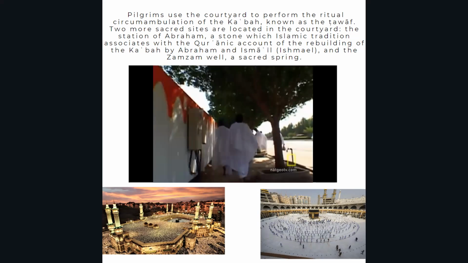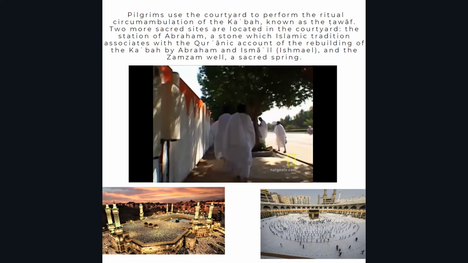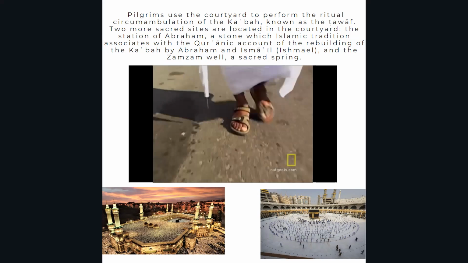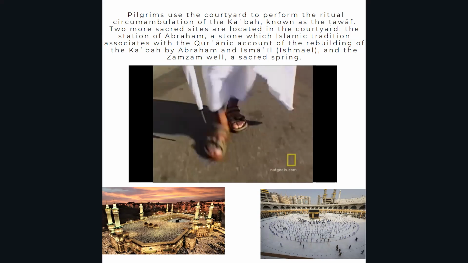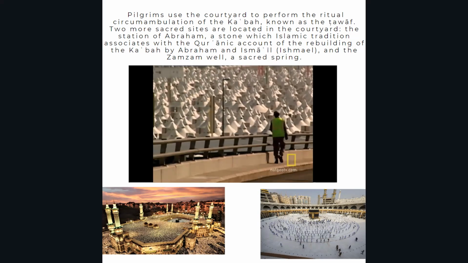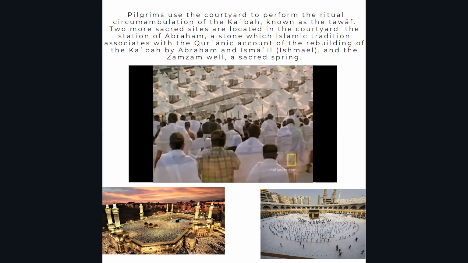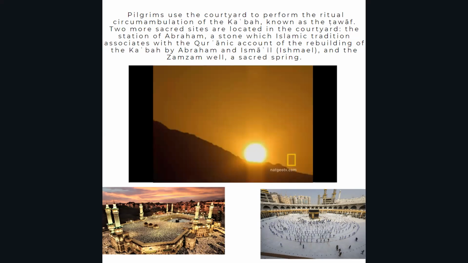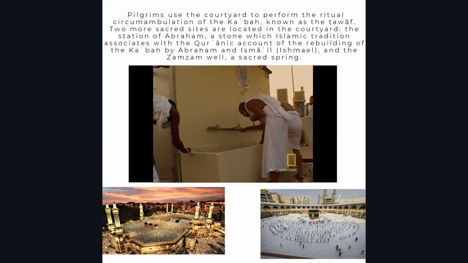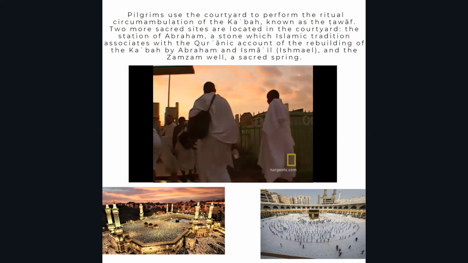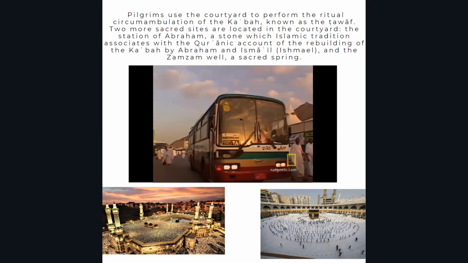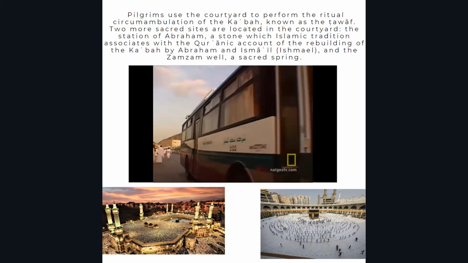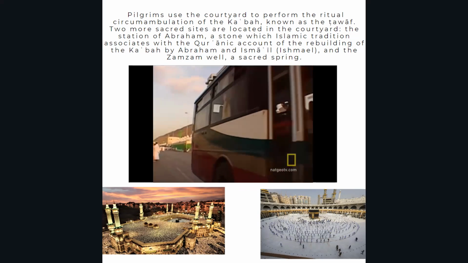Now to the valley of Mina, where the Prophet Muhammad stopped and rested on his Hajj nearly 14 centuries ago. This is a town that grows from virtually 0 to 2 million people overnight. At dawn on the next day, the camps stir with anticipation for the greatest day of the Hajj. 2 million people are off to the plain of Arafat.